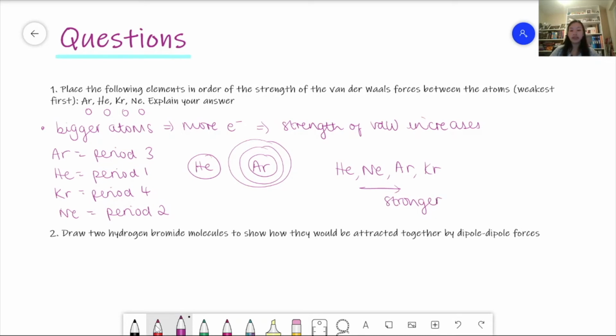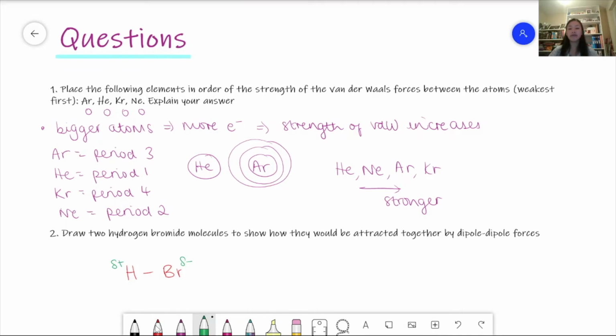For number 2, draw 2 hydrogen bromide molecules to show how they would be attracted together by dipole-dipole forces. If we draw 1 hydrogen bromide, we can see that bromine is in group 7 of the periodic table, so it's a lot more electronegative than hydrogen. So we give bromine the partially negative charge and hydrogen the partially positive charge.